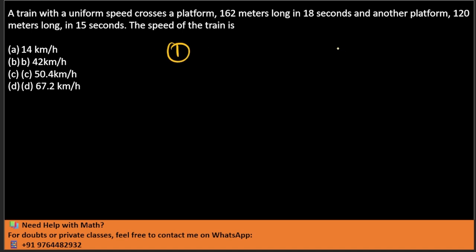In the first case, again we have two scenarios, and we don't have the length of the train. So I am taking the length of the train as x meters.